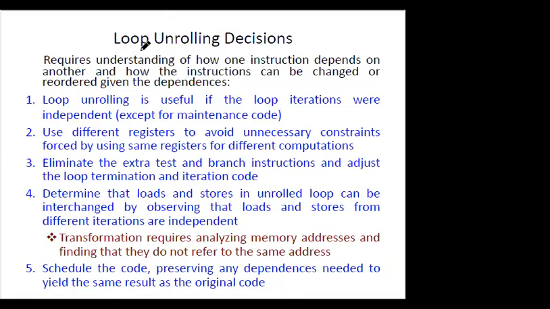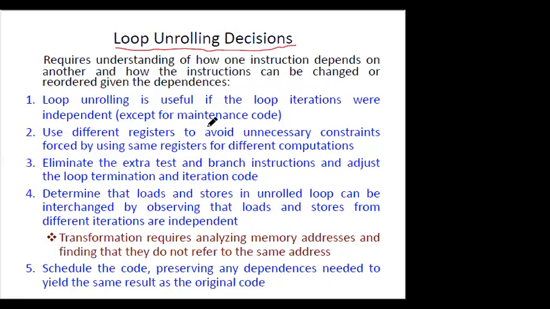So we have a loop unrolling decision. How are these loop unrolling decisions made? Let us see. It requires understanding of how one instruction depends on the other. So we have to observe the dependencies, obviously. Loop unrolling is useful if the loop iterations are independent.